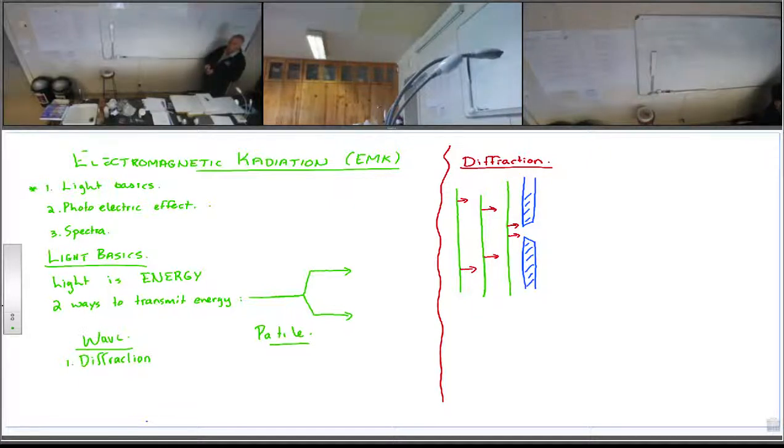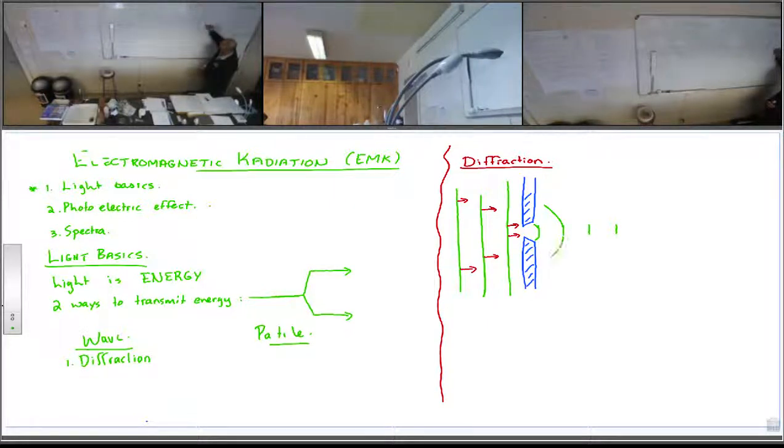What would one normally expect these waves to do? You'd only get a little portion of wave going through. Do you agree? And that's what you'd expect. Only that little bit would go through. Right. But in actual fact, what happens is the wave curves like that.